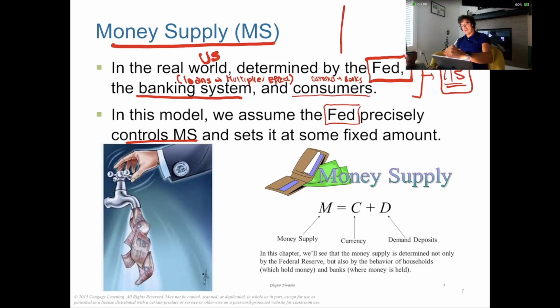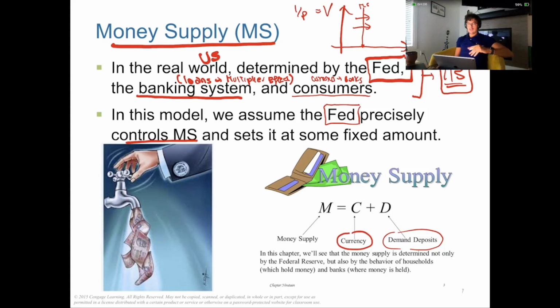So if this is the money supply, if this is a graph with money as quantities here, and this is the value of money here, which is, by the way, equal to 1 over P, then the Federal Reserve controls perfectly the money supply. Okay? Can move the money supply perfectly. What is the money supply? Again, measured as M1 as currency plus demand deposits. Okay? Look at chapter 16 if you want to remember more details about this.